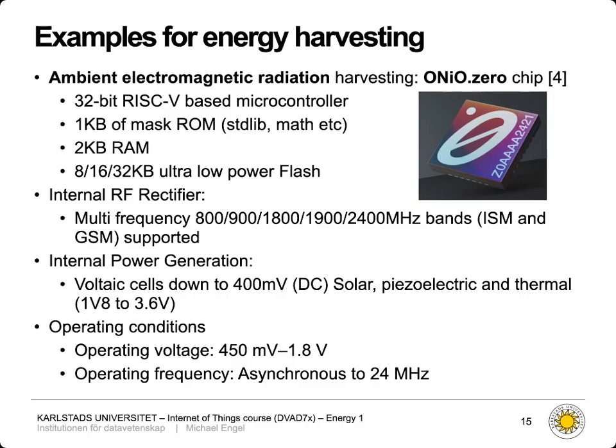You can operate at a voltage as low as 450 millivolts up to 1.8 volt. And of course, it cannot be very fast because it needs to conserve energy. So it can run up to 24 megahertz, but it can also run in an asynchronous mode where it doesn't even need a clock. So this is an interesting chip. The downside to this is there's announcements, there's maybe a data sheet, but I haven't seen any real instance of a manufactured chip so far, so I'm not sure if it exists. Let's find out.